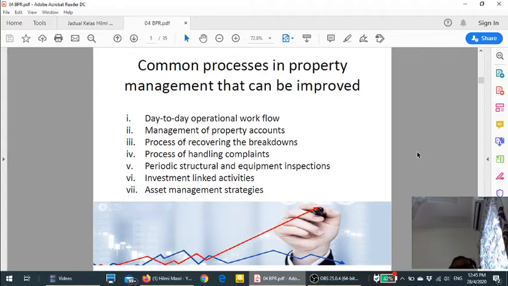Number 4 is the process of handling complaints. As a property manager, our main job scope is to provide services to people. When we provide services, people expect quality, like in our previous lecture.